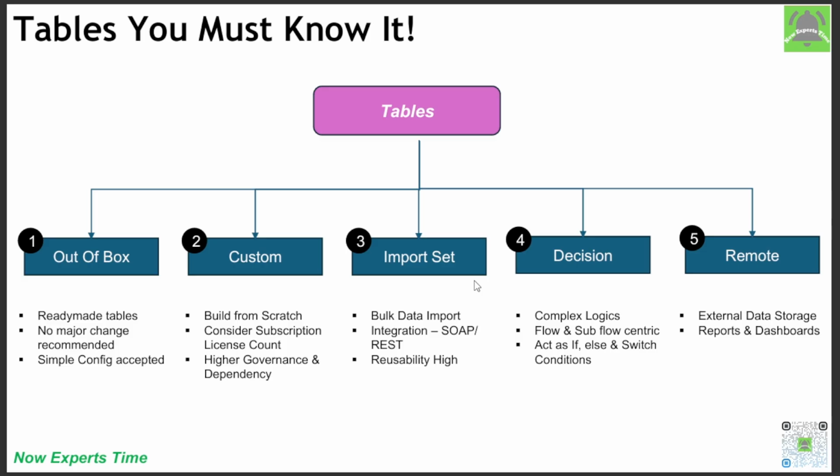Based on your script operations, it will decide whether to allow it into the target table or not. That message we need to clearly highlight for the import set table. This is specifically used for third party to ServiceNow data transmission. The data filter conditions, validations, and verification, everything happens via this import set table.